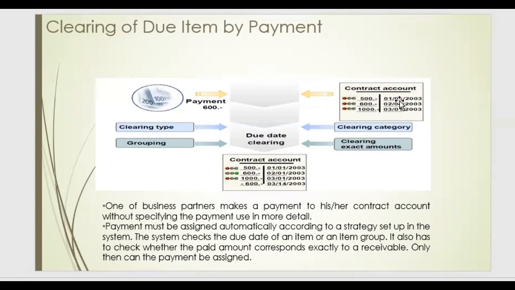So we have 3 dates of that year, and the contract account holds all these entries, meaning whatever needs to be cleared, what the due amount is and how much payment is done. Based on that, everything is calculated. It shows the amount on which date it is coming, that is 14th of March, and it will adjust it under the contract account.